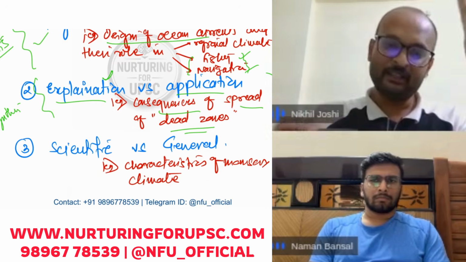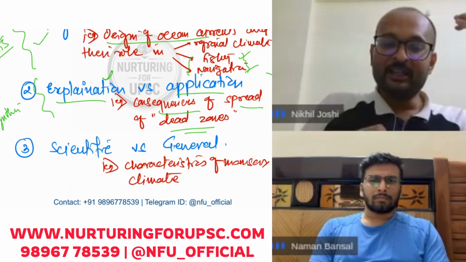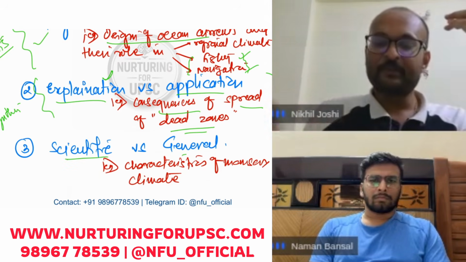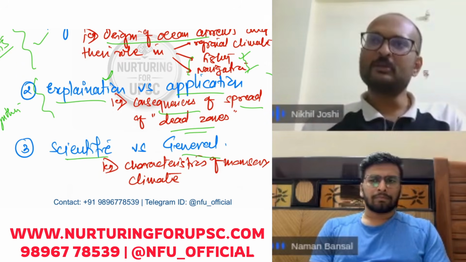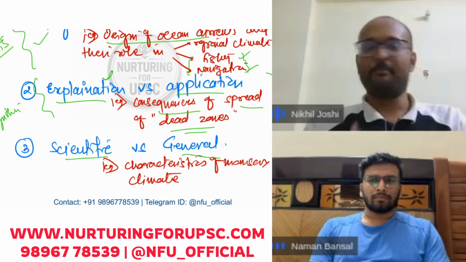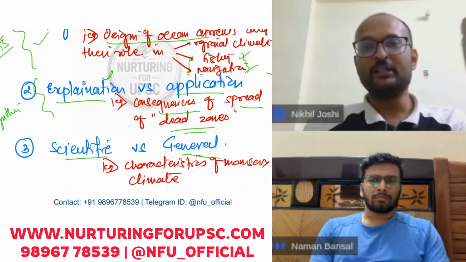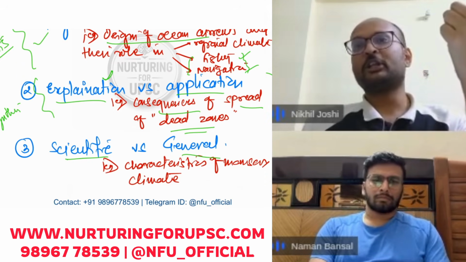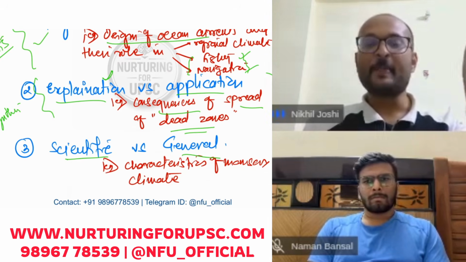Similarly, the next synthesis which I would like to envisage is scientific versus general. Sometimes the questions can become a bit technical. There was a mantle plume question. There was this question on Aurora Borealis. There was this question on the Purvaiya, the easterlies.